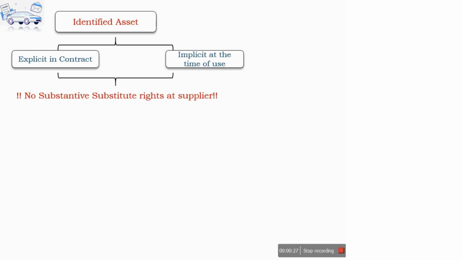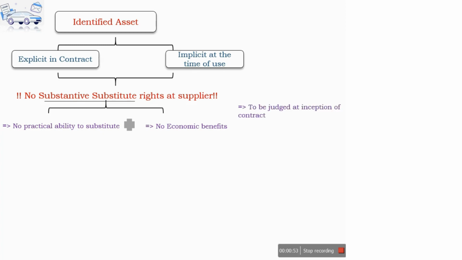If the supplier has a substantive substitution right, it will not be called an identified asset. What is the meaning of substantive substitution right? It means the supplier has the practical ability to substitute the asset and it is going to generate an economic benefit to the supplier by substituting the asset. And this we need to judge at the inception of the contract.